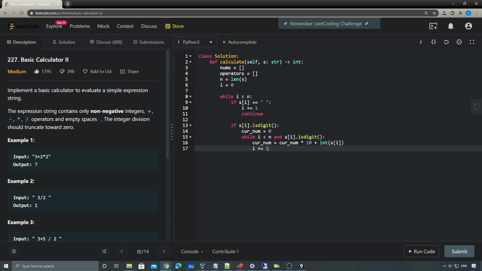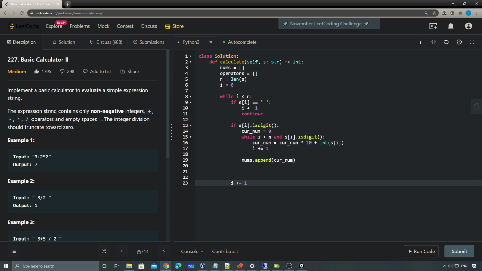Don't forget to do i plus 1 here. Now we have the number, so let's do nums.append(current number). And here we're going to have an else.